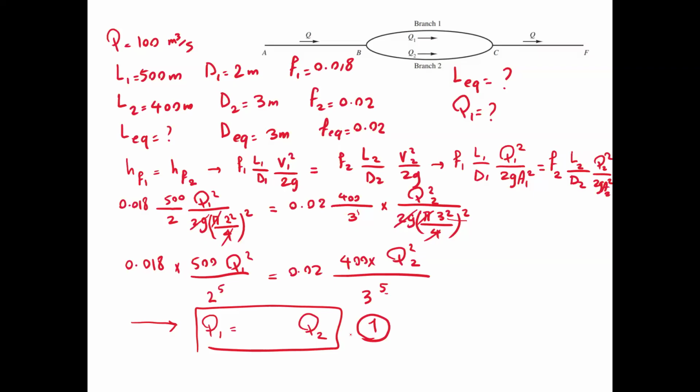So I did nothing except just looking at the picture and notice that this is parallel. For parallel, I have 2 rules. 1, HFs are equal. 2, Qs add up to the Q of both pipes. So I start from scratch. I ended up here.